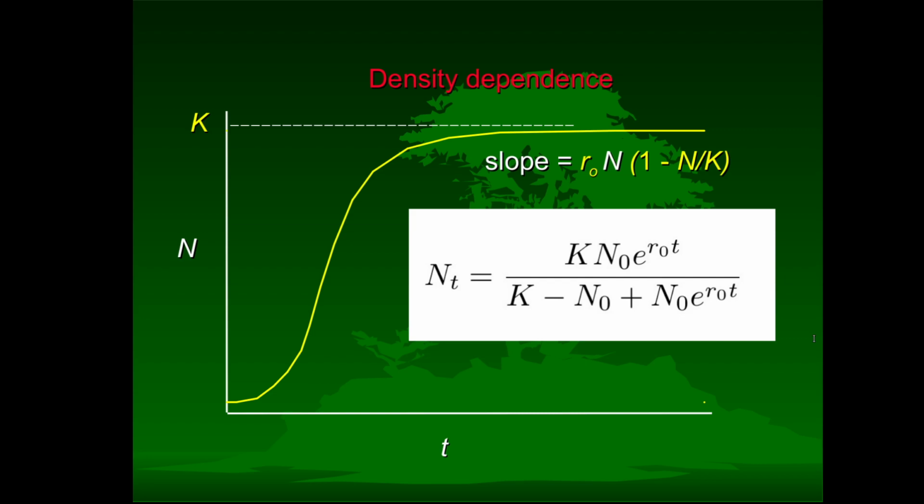All right, so why do we have a sigmoid curve again? Well, because of density dependence, and because there are factors in the environment that influence fitness depending on density. Those are called density dependent factors. And those are any resource that is consumed at higher total rates at higher population densities.